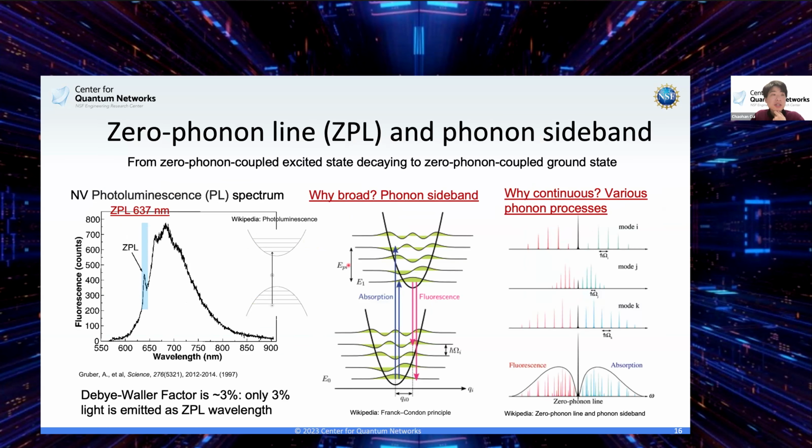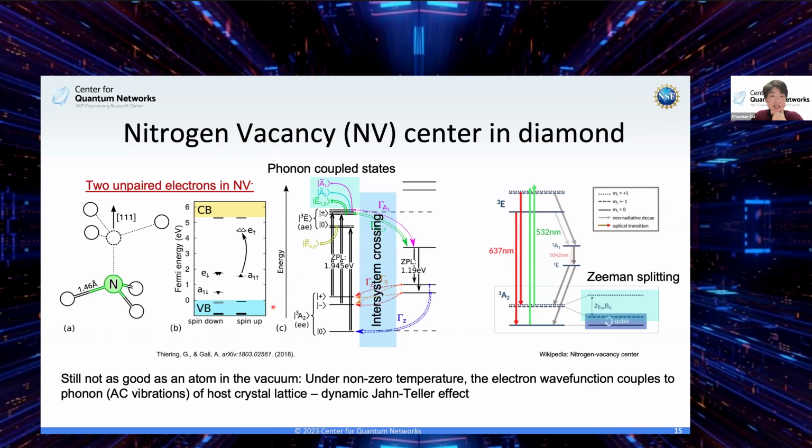So now, the first concept popping up, and very important to know about the color center, is the zero phonon line. See, this is the fingerprint of how you measure a nitrogen vacancy center, and this is called the photoluminescence spectrum, which means in the previous slide, you're pumping this green light at 532 nanometers way above into the phonon coupled excited state, and letting it decay.